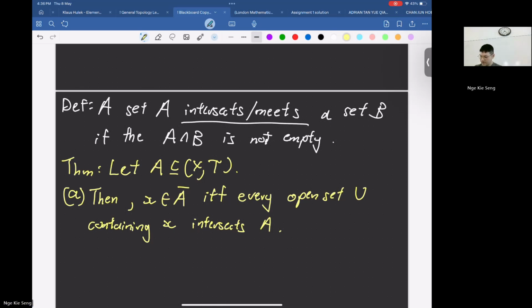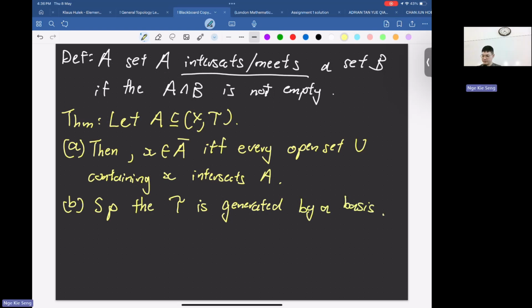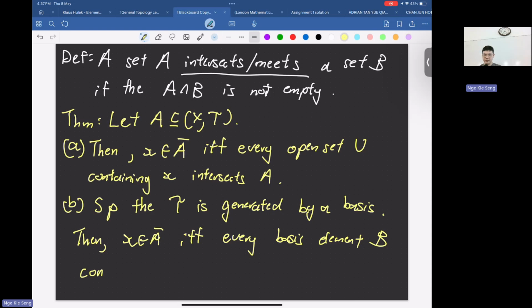Next, either a limit point or an isolated point. Next, suppose that the topology tau is generated by a basis. Then X is in A bar if and only if every basis element B containing X intersects A. So what's the difference between statement A and statement B?